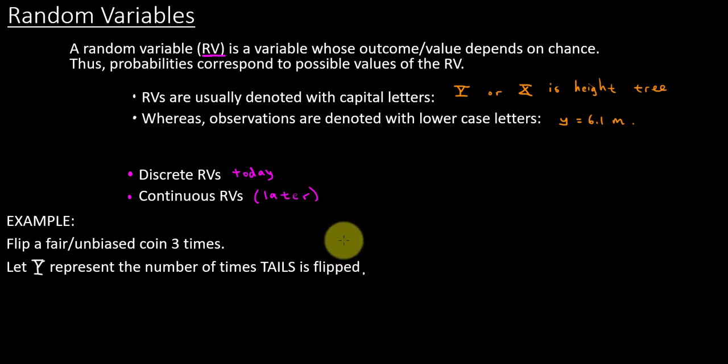Let's consider the possible values of this variable, lowercase y. If a coin is being flipped 3 times, it is possible to get 0 tails. It is also possible to get 1 tail, or 2 tails, and lastly 3 tails.